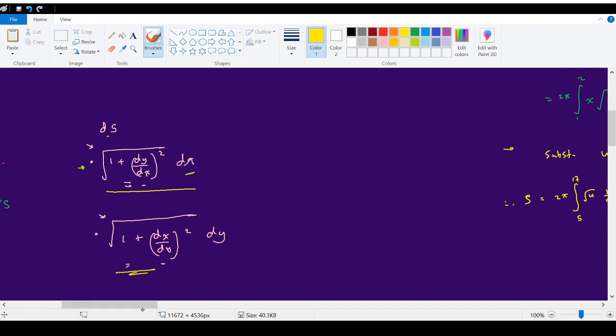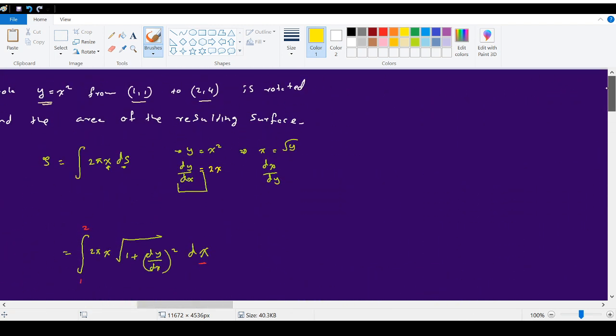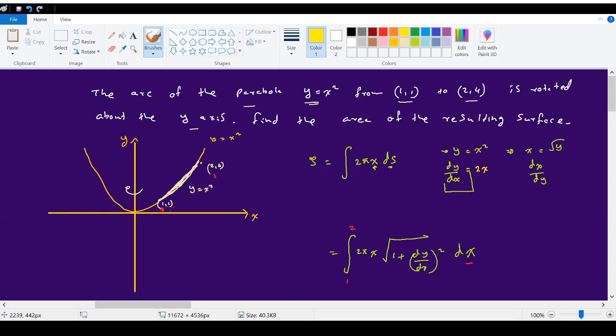If we are using the other one, here it will be dx by dy, and this one will be dy. In that case, the integral should run across the y variable, so the starting point should be 1 and the end point should be 4.